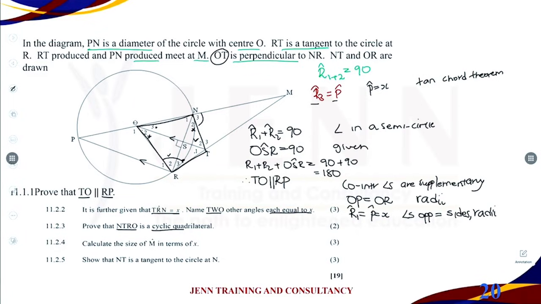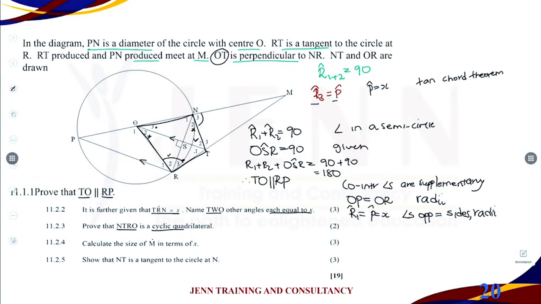Now from what I know, this is parallel to this, because this was already proved. You have proved that this line is parallel to that line. So that simply means you will definitely use your parallel lines. When you have parallel lines, alternating angles are equal, corresponding angles are equal, and co-interior angles are supplementary. So I will check for the alternating angle.